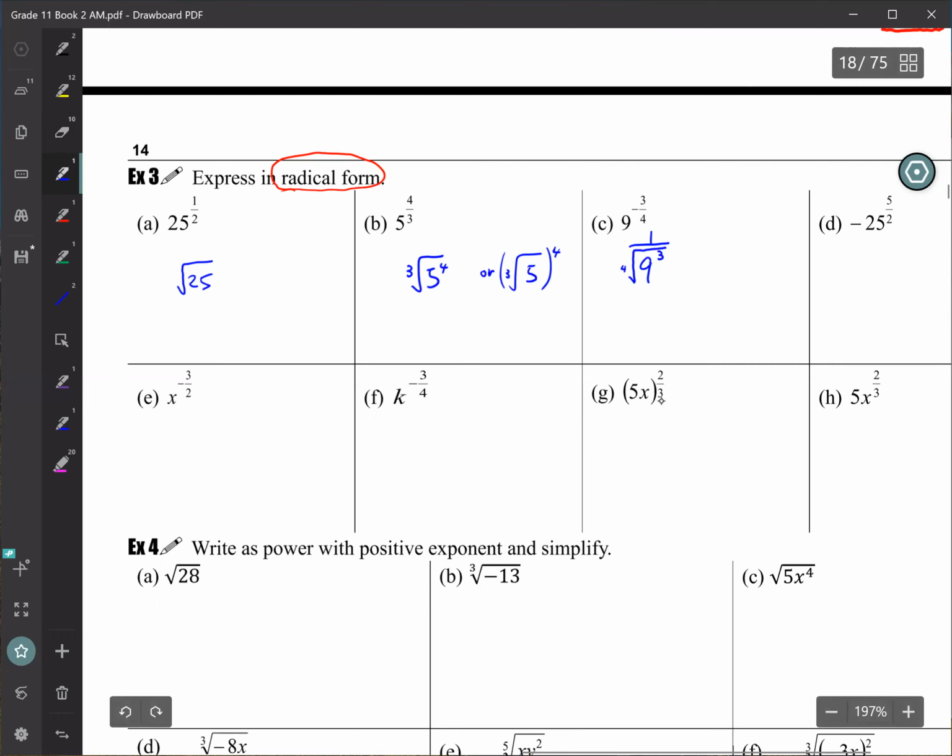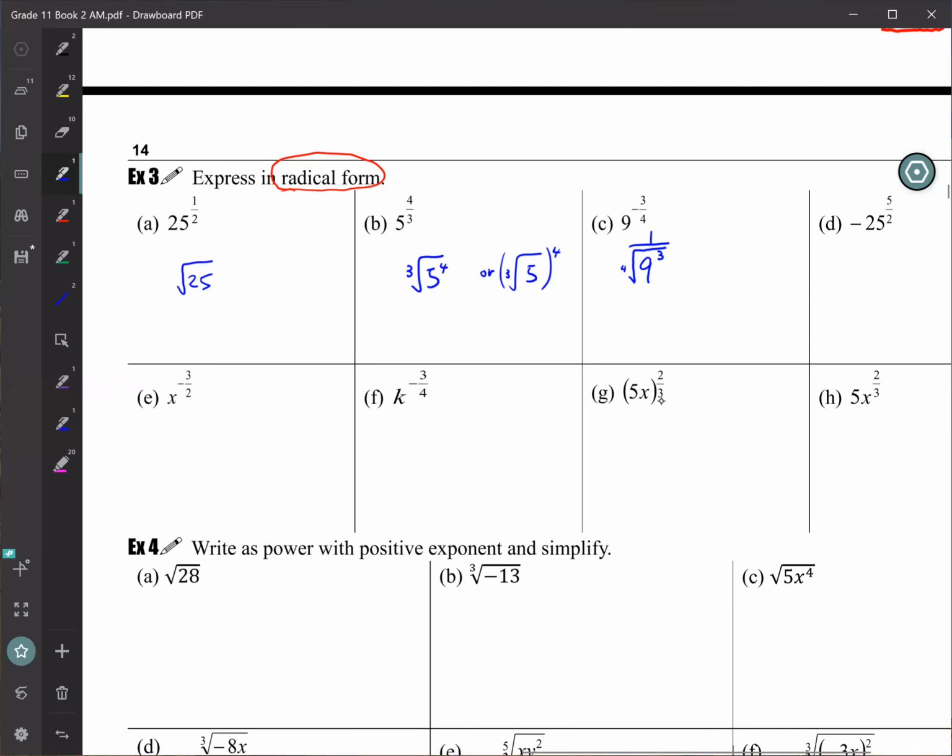Okay, so next time you can say this is called the fourth root. Fourth root of 9 to the cube, okay? Very good, that's correct. You move the 9 down, and then the denominator becomes the index.